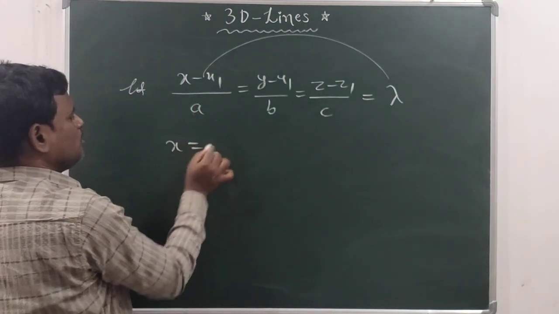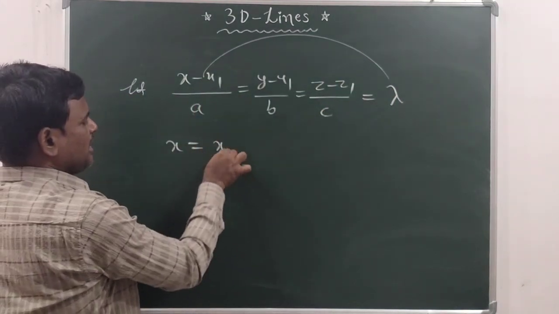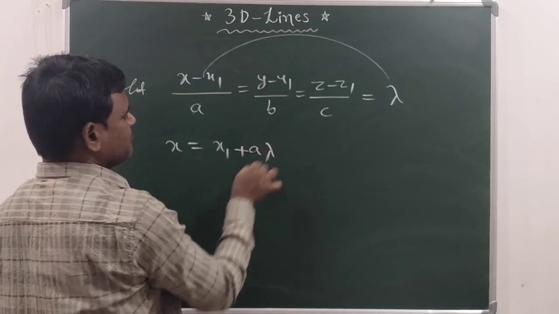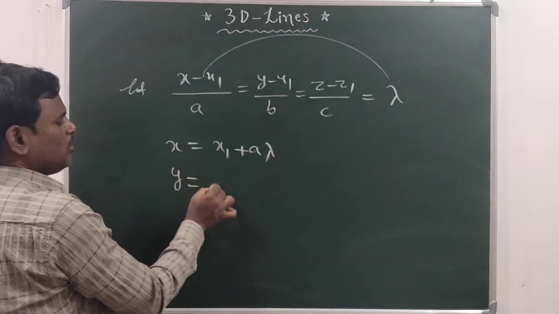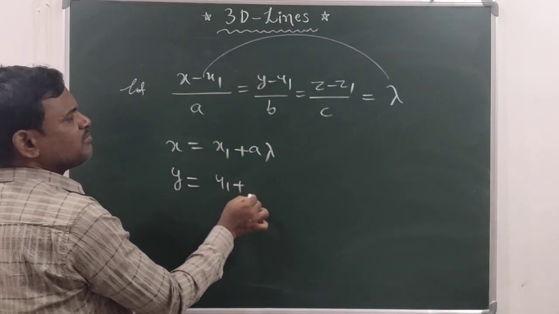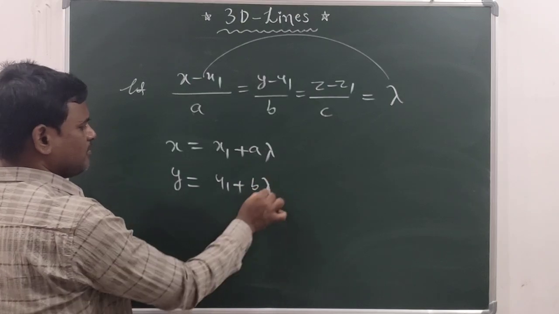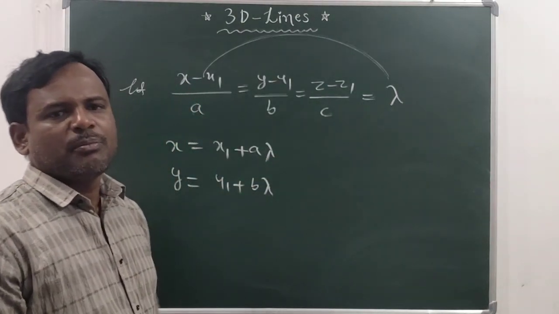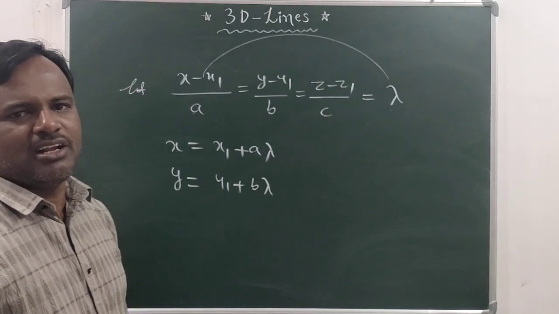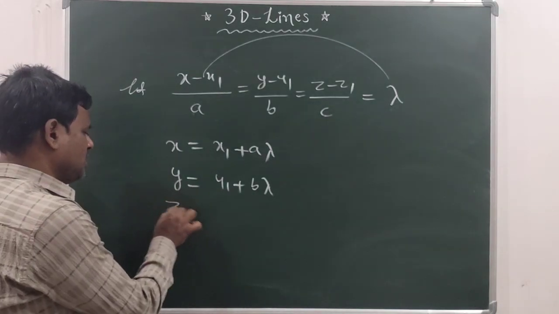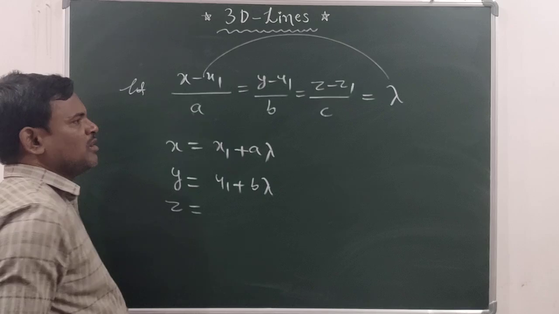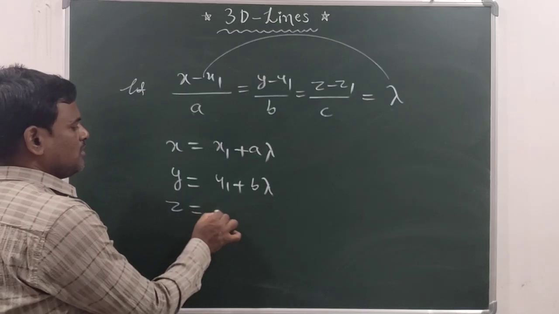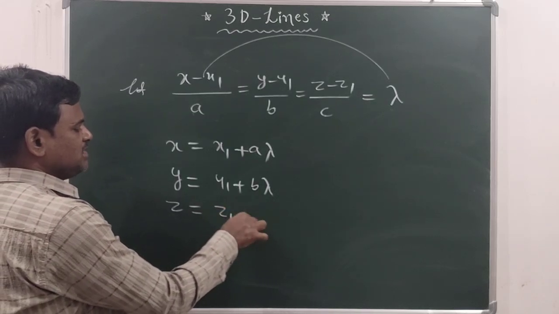On equating these two, you will get x equal to x1 plus a lambda. Now y is equal to y1 plus b lambda, where lambda is a parameter which belongs to any real number. Now z is equal to, okay students, z1 plus c lambda.